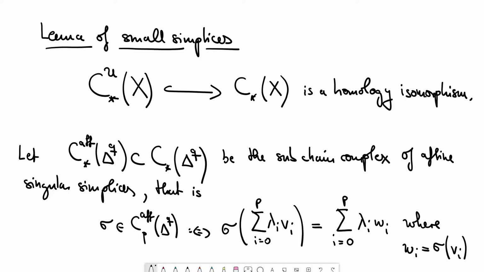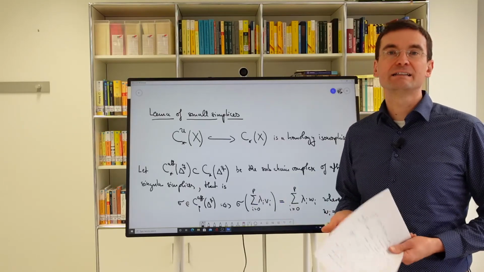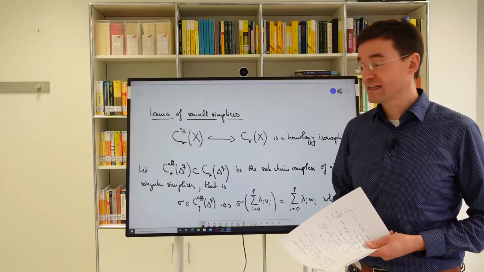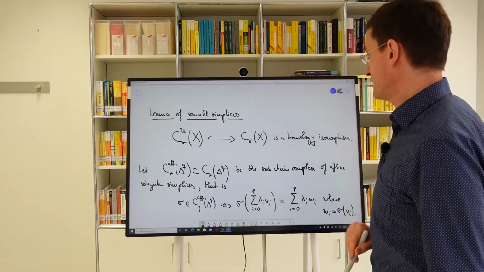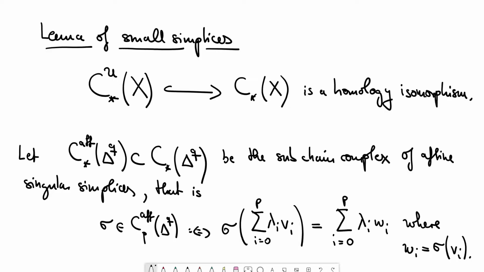So these are the affine singular simplices, and it's quite obvious that if you take the boundary of such an affine singular simplex, it's again a linear combination of affine singular simplices. So therefore, we really get a subchain complex. So the differential in the singular chain complex of delta Q restricts to a map on the C star affine.